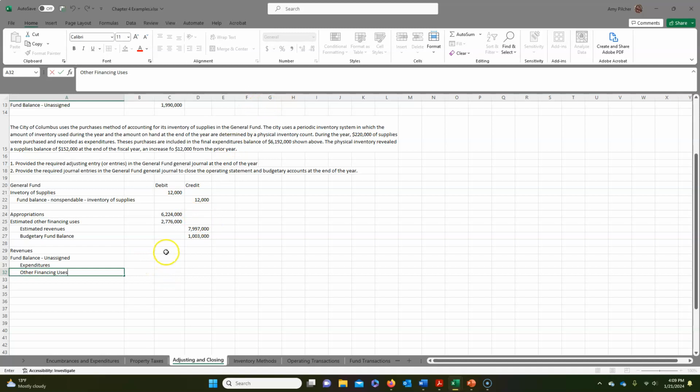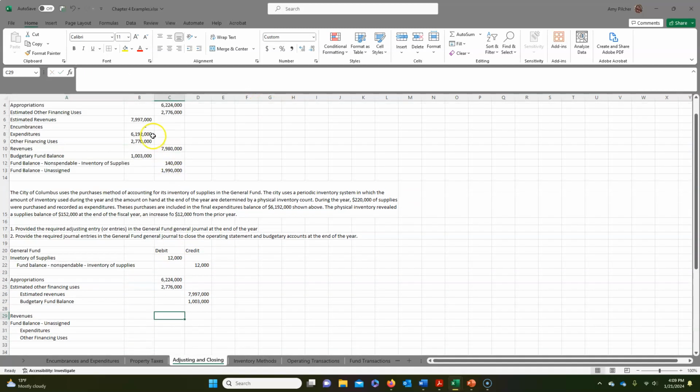So this is all under the general fund also. So we have actual revenues, our fund balance unassigned, of our expenditures, we're going to get to the fund balance unassigned because it's a plug. And other financing uses.